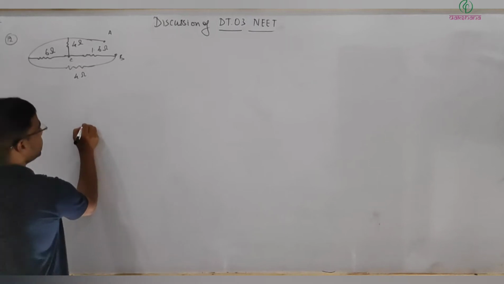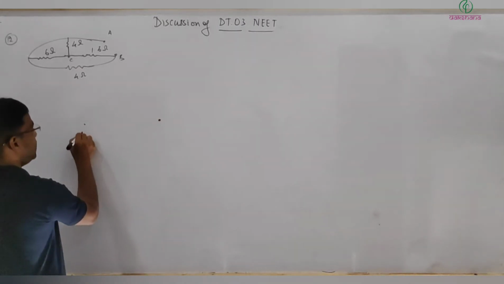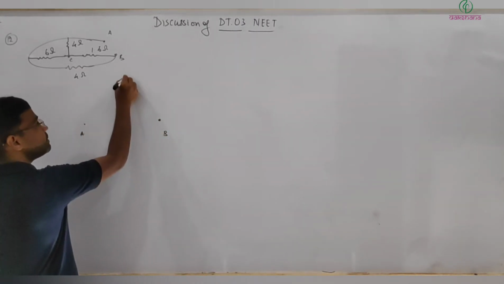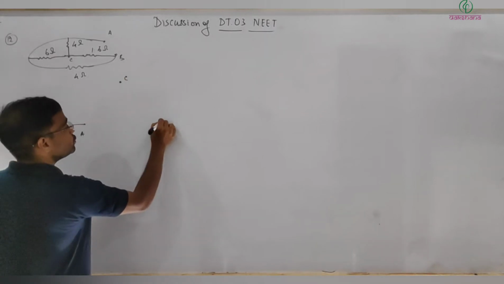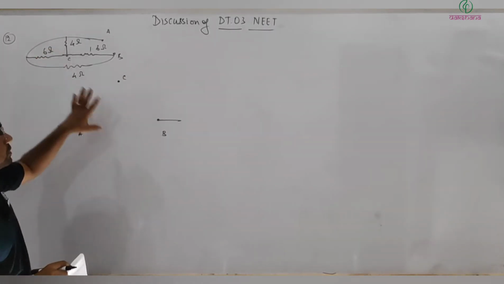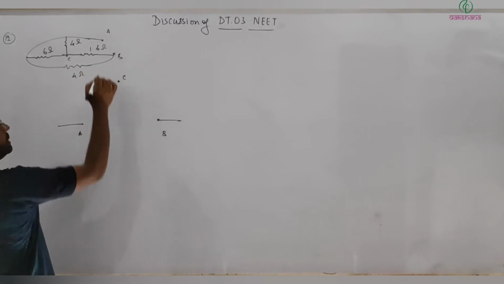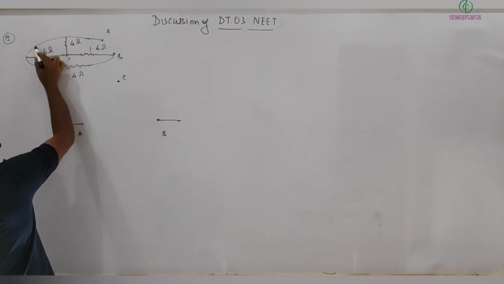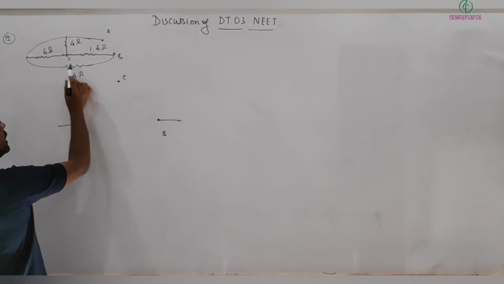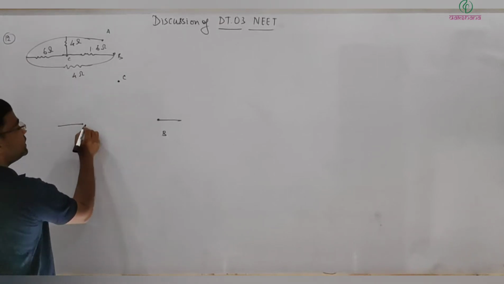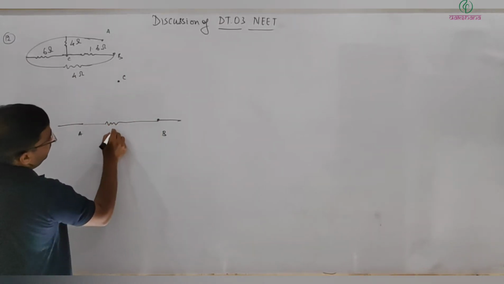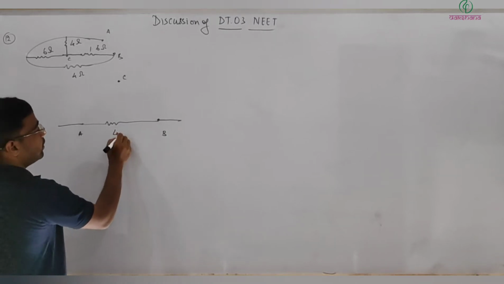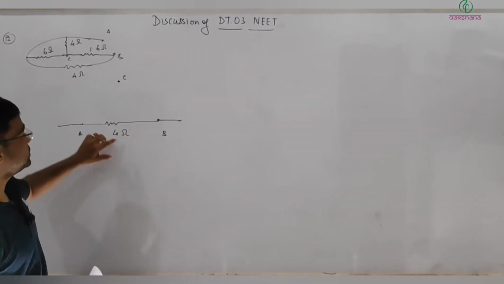So now what we do here, actually we mark all these points A, B, and let me mark point C. So we will try to convert this diagram to a simple diagram. So now between A and B, is there any resistance? So see, A potential, this is up to A and this is B. So between A and B there is one resistor, that is 4 ohm, right? I hope you are getting it.